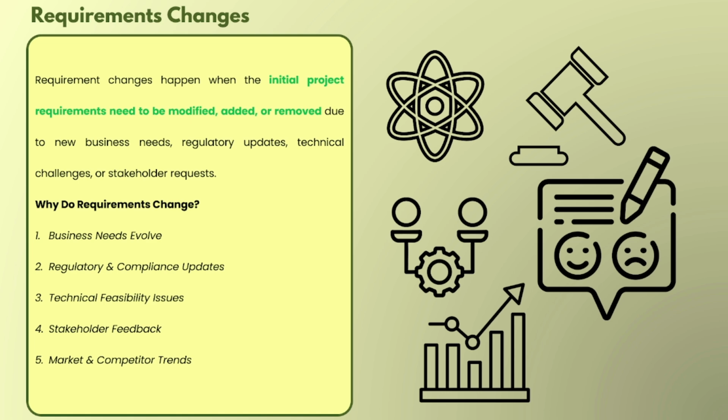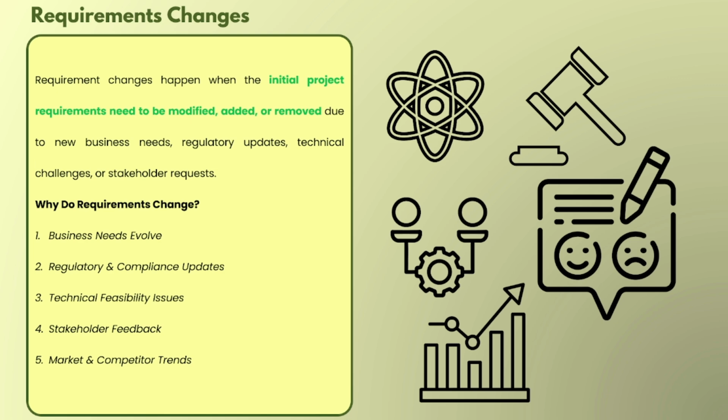What I'm actually trying to tell you is that it is nothing but keeping up with the market. Let us assume that competitors are offering new features or better solutions, so the business wants to keep up with them. They may change the requirements to add something new, so they can stay competitive. So this is another reason that requirements get changed.